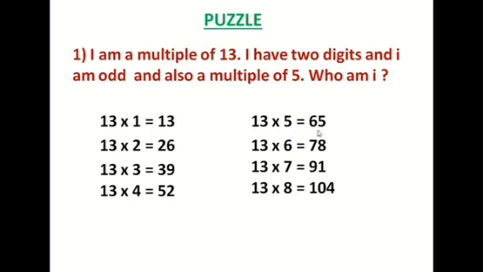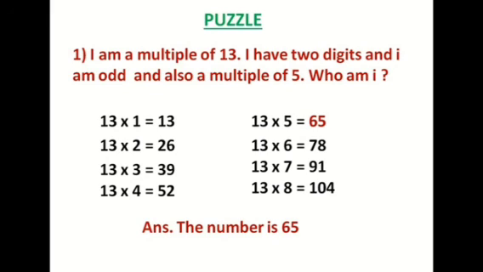Yes, it's a multiple of 5. So we need not check the other options. We can find out the number is 65. Yes, so the number is 65. You can write down the answer.